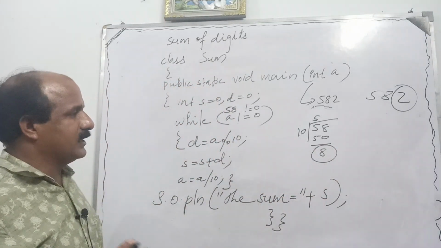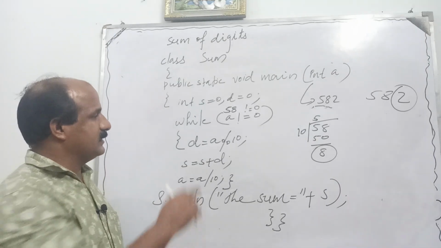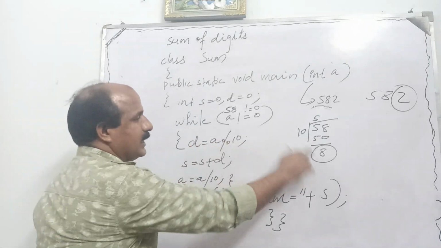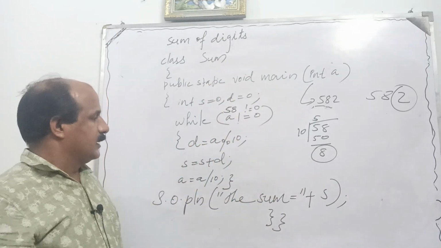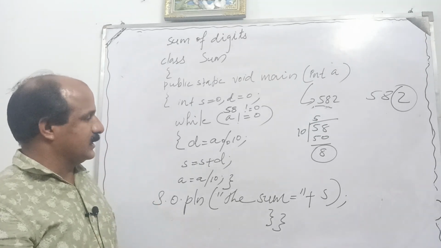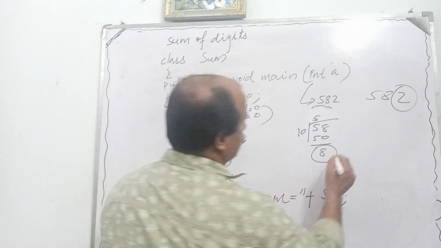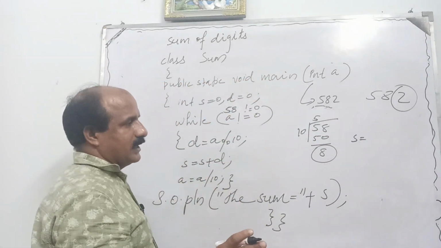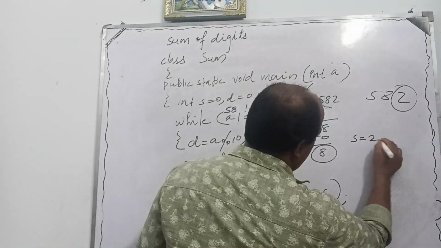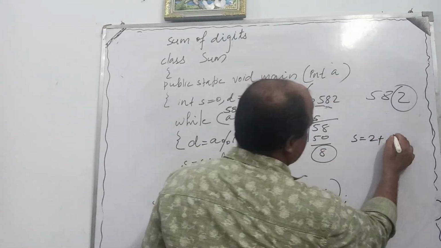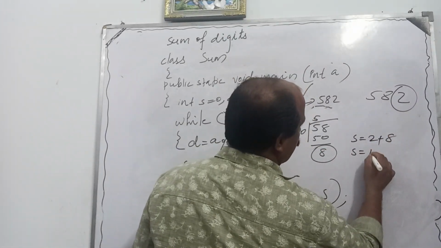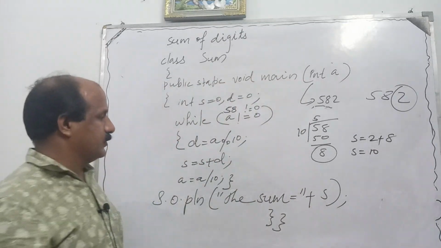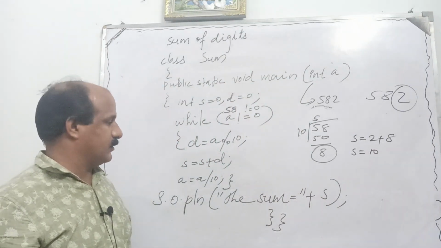We are considering the modulus, not the division at present. So in D, 8 will be stored. Now S is equal to S plus D. In S, 2 was already there. That 2 plus this D, 8, so the new value of S will be 10. This is the present scenario.